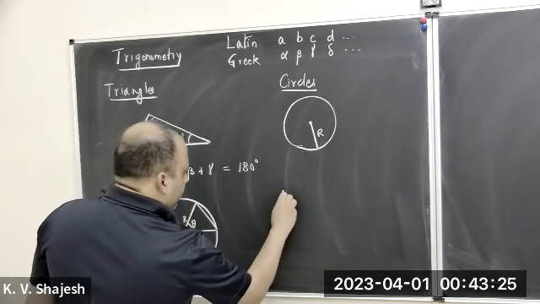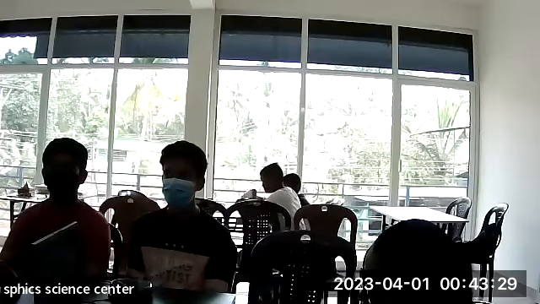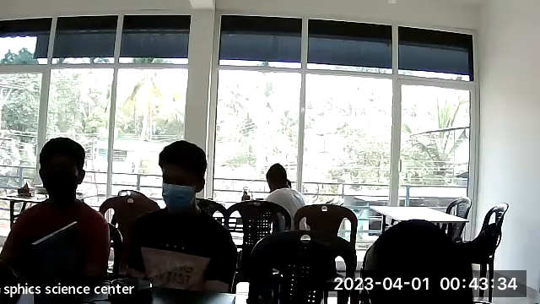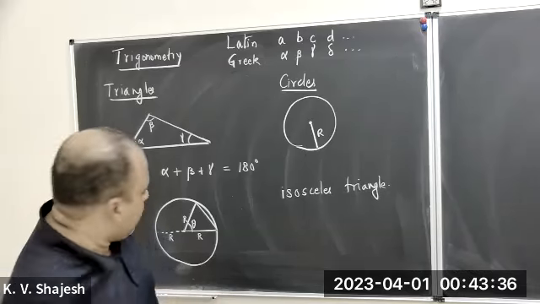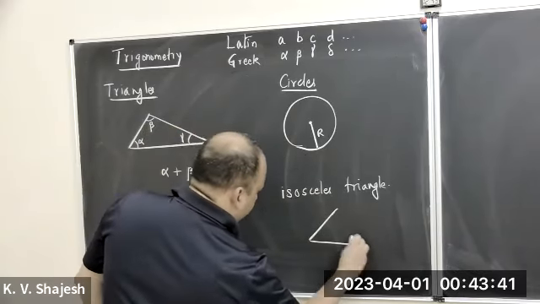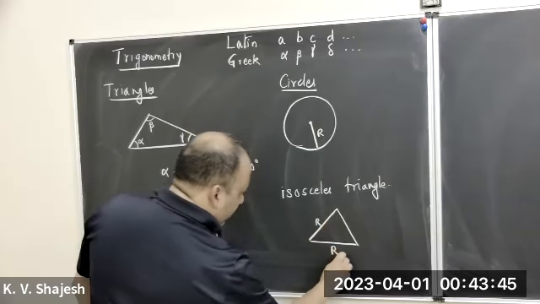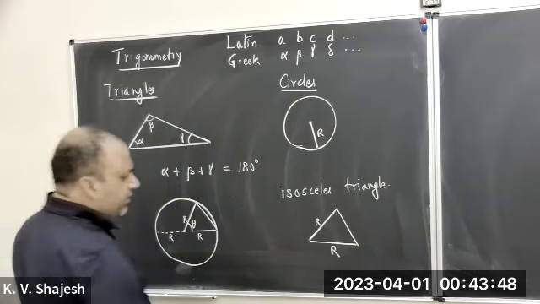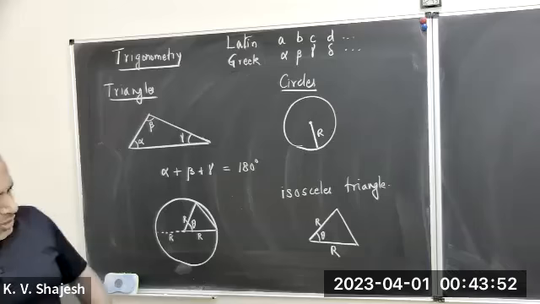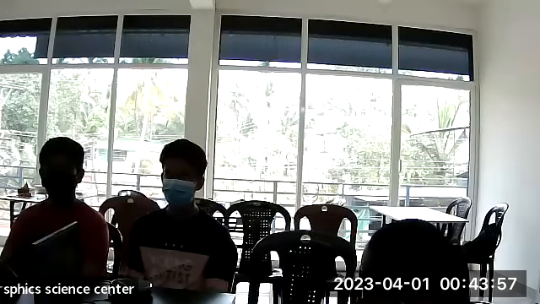Isosceles triangle means two sides of the triangle are exactly the same. That's r, right? If two sides of the triangle are the same, what can you say about the other two angles? They will be exactly the same.